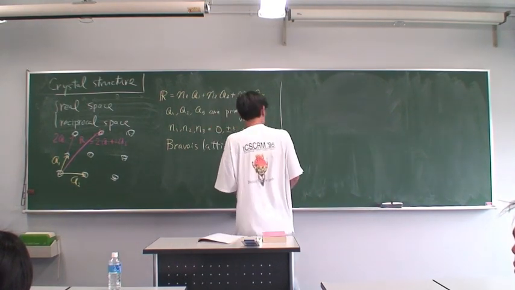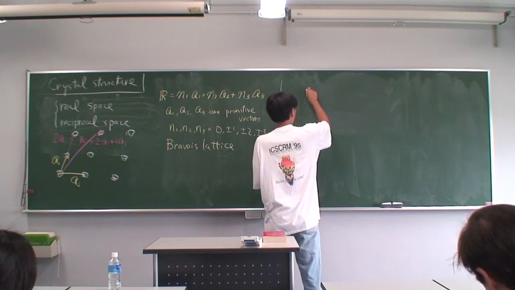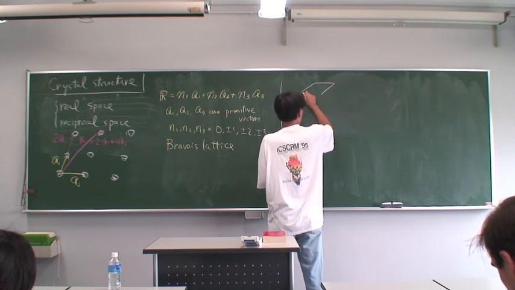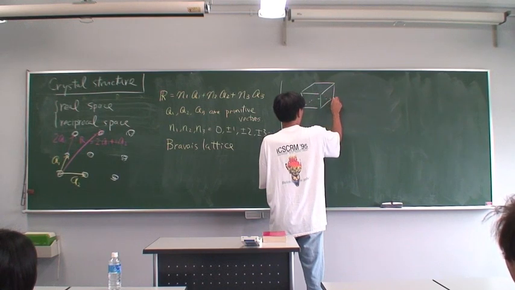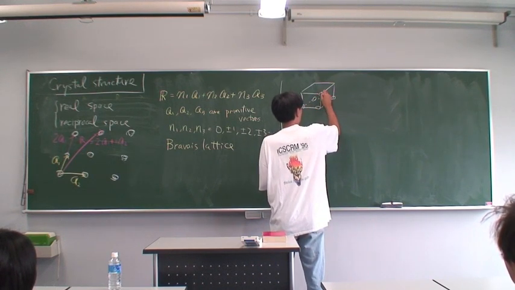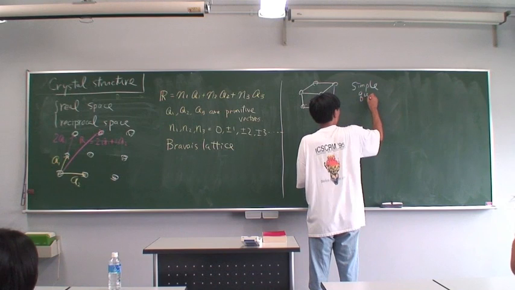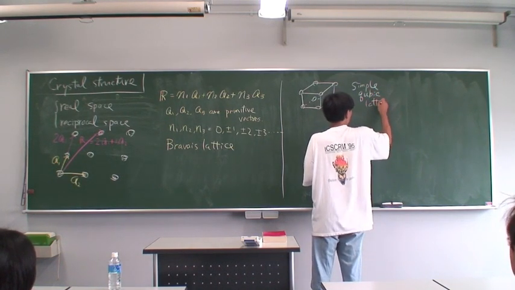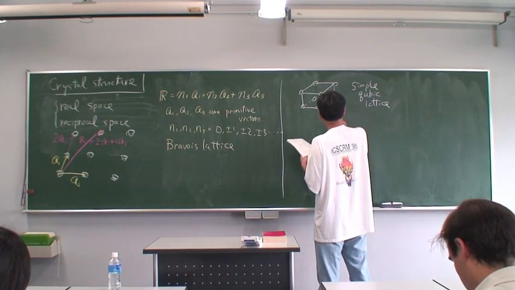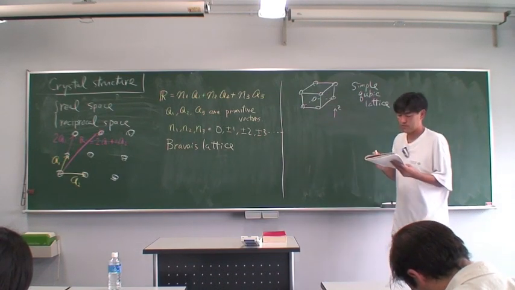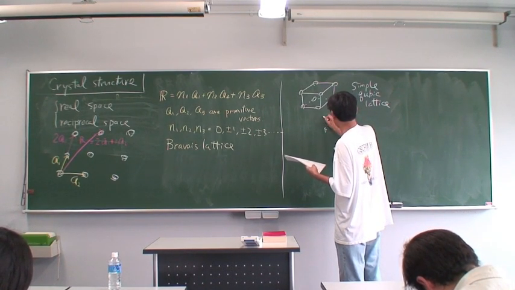So let me show you how we work in real space. A 3-dimensional single crystal. We have atoms. This is a simple cubic lattice. And very often we say, for this case, let's just say this is Z direction, this is Y direction, and this is X direction.